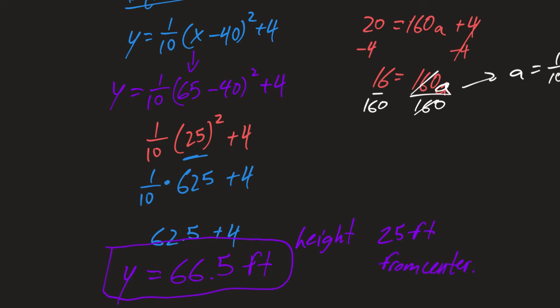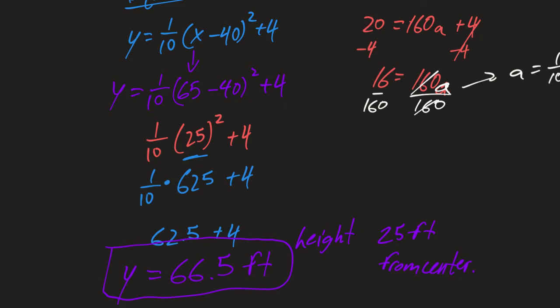Now, this problem can be very tricky. There's a lot going on here. We just have to pay attention to, A, what are the questions asking us for? Okay, it asked us for the y value at a point 25 feet from the center. We also want to make sure that we pay attention to the height at our endpoints and the height in the center so that we can calculate this.